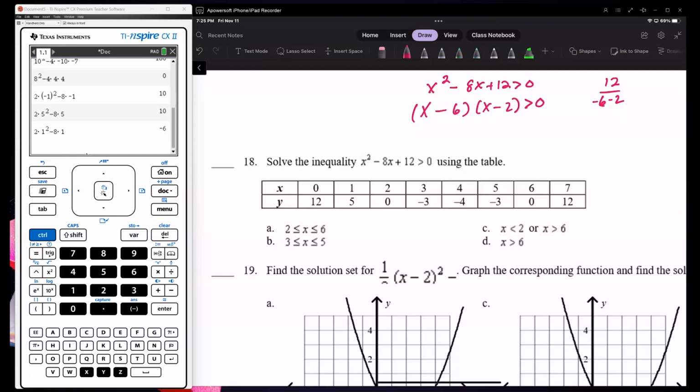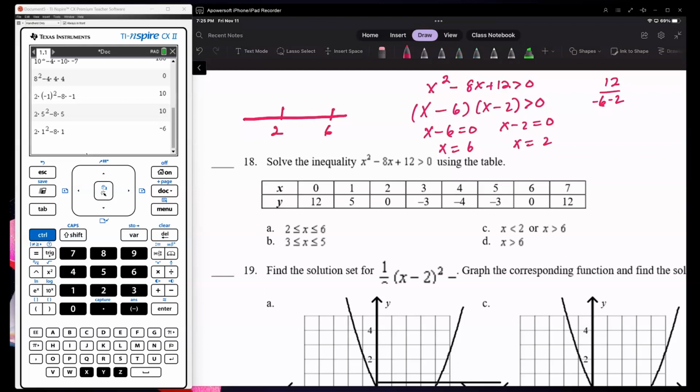We're going to get our test points. So we have x minus 6 equals 0. x minus 2 equals 0. So x equals 6. x equals 2. Those are our test points. So what I'm going to do is I'm going to draw my number line up here. And I have 6. I have 2.